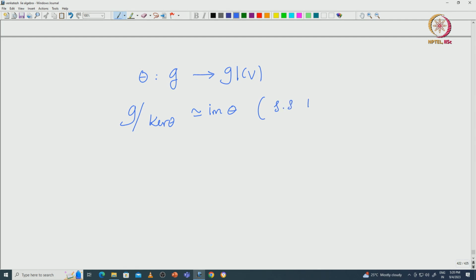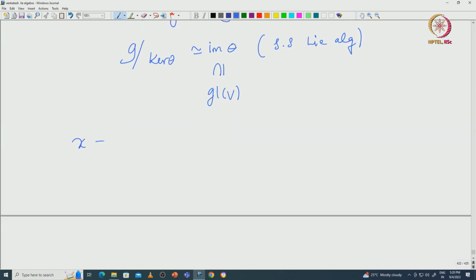So, this must be a semisimple Lie algebra. One can talk about the abstract Jordan decomposition of elements of image theta. So, there is no issue with that. So, image theta is already sitting inside GL of V. Now, if we take x being xs plus xn, let us say x is in G, this is the abstract Jordan decomposition.